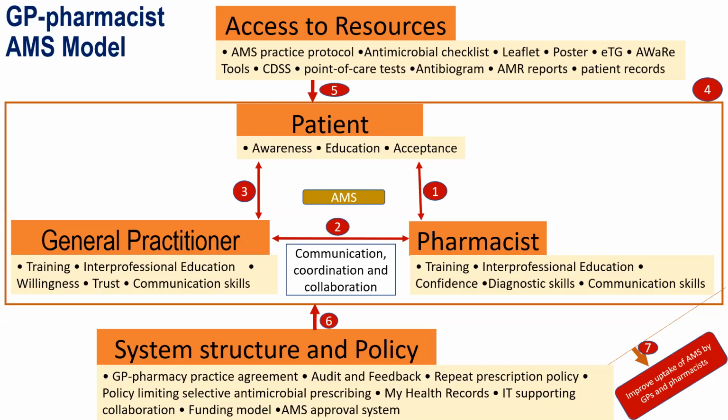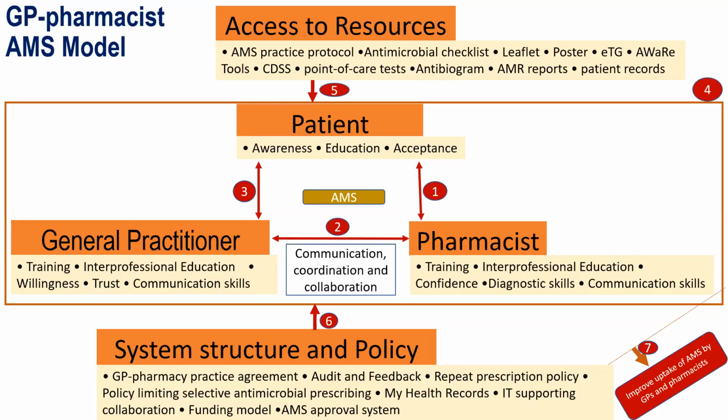The community pharmacists need to understand the steps to follow for AMS and what antimicrobial checklist to follow, and the leaflets that might be shared with patients to make shared decisions about antimicrobial use, and even using some posters in practice that might change the perceptions of the public, patients or carers coming into the practice.